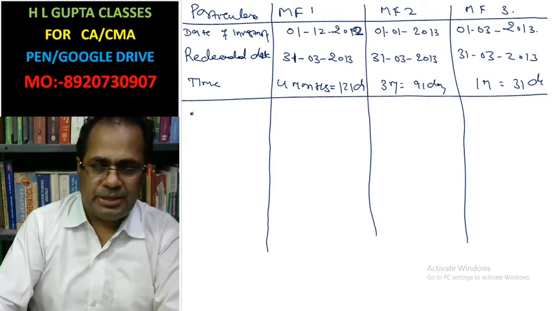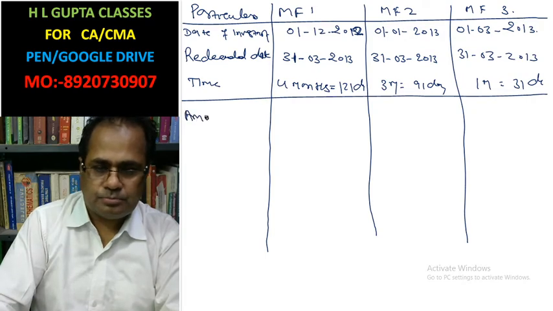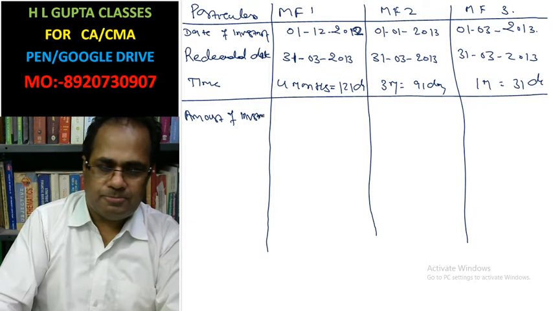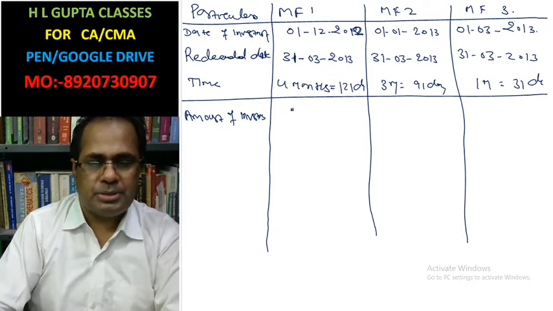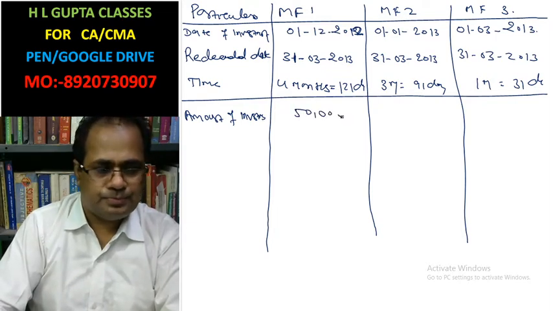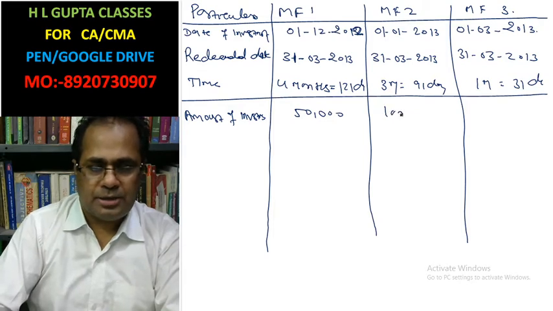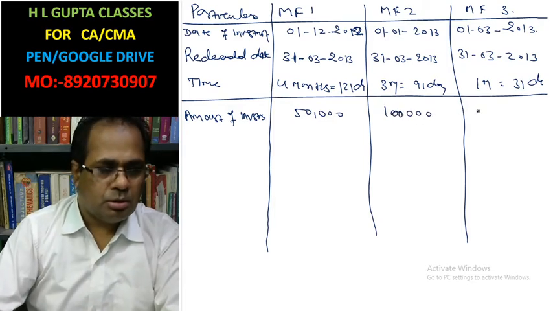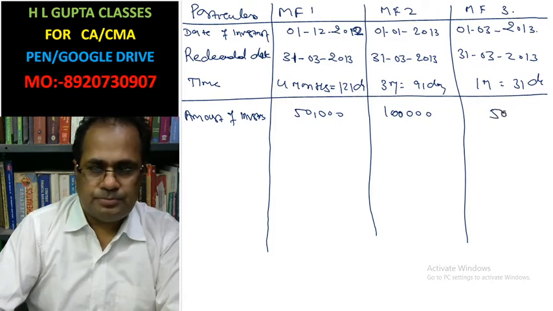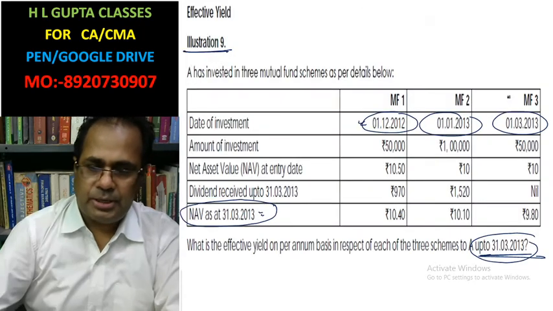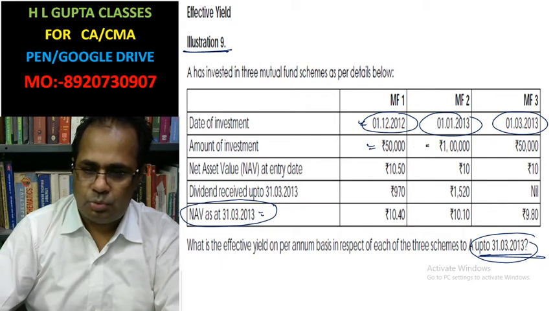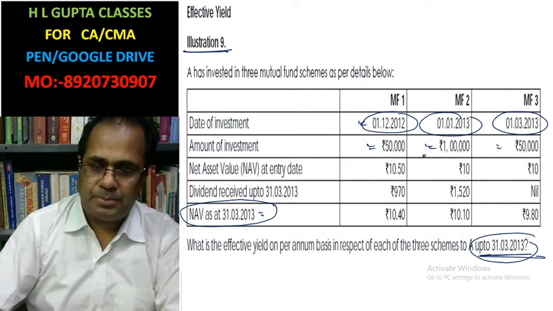Amount of investment is what? This is 50,000, 1 lakh, 5,000.